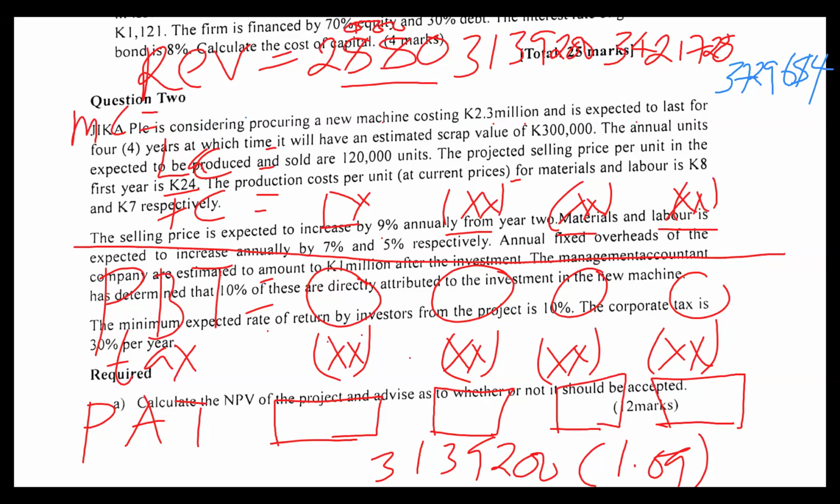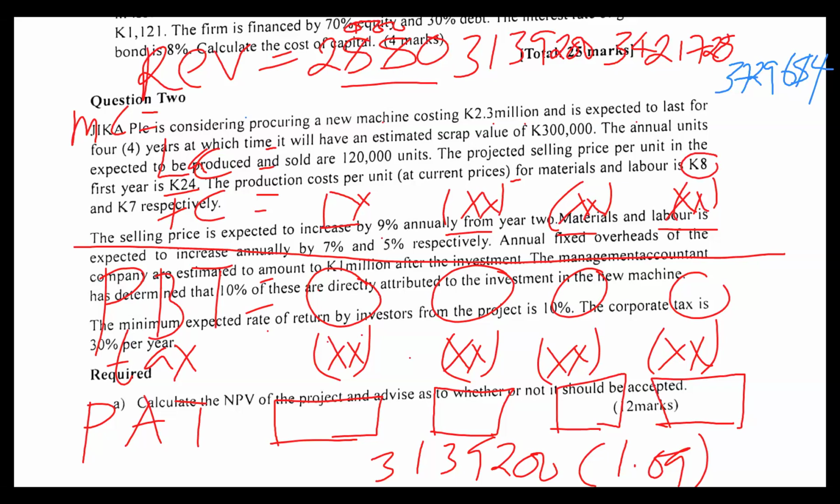Anyway, you will be able to follow. So, material cost, how is it going? For the material it's 8 kwacha, and 7 for labor. 8 kwacha per unit produced. And how many units were produced?